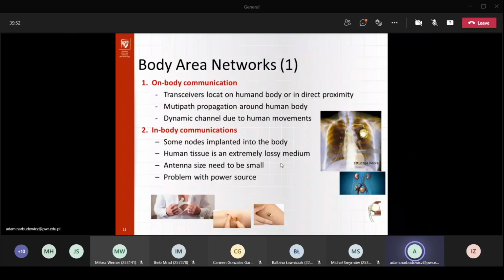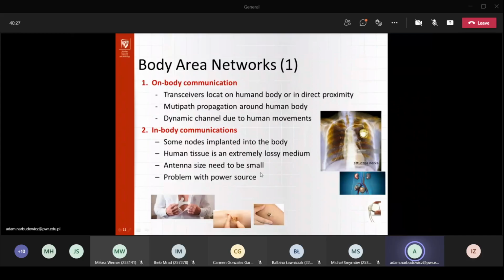But then again, for lower frequencies you need a larger antenna. Of course, there are some ways of antenna miniaturization, but it's not a given. So in general, this is a bit of a problem. Most in-body communication would indeed use lower frequencies, around 900 megahertz, 2.4 gigahertz, similar to Wi-Fi, and rely on some antenna miniaturization techniques.